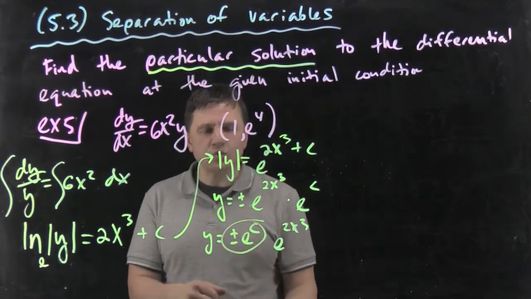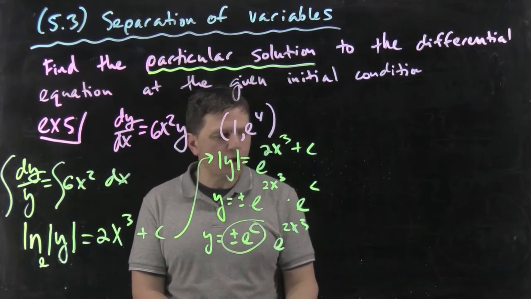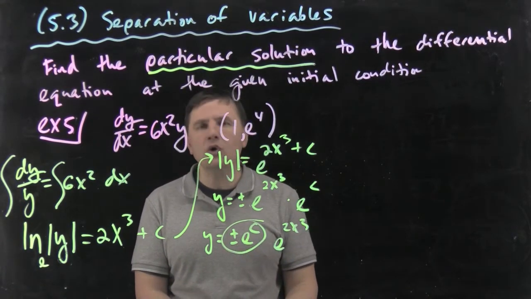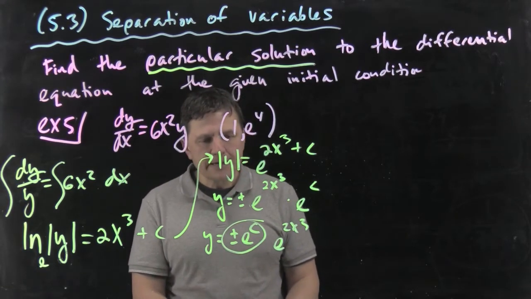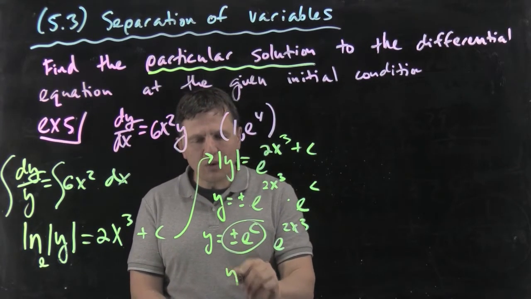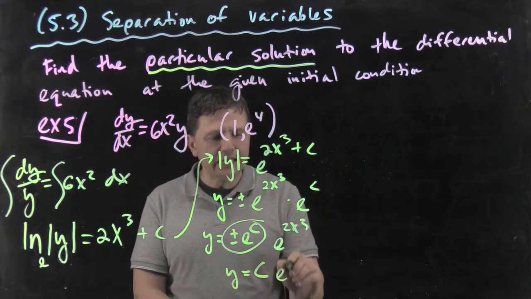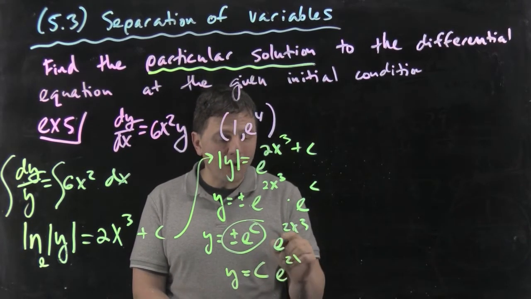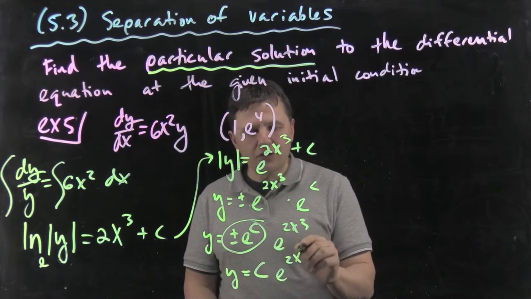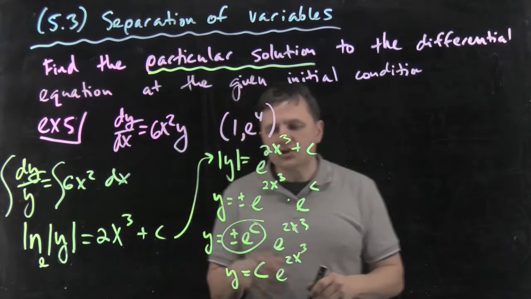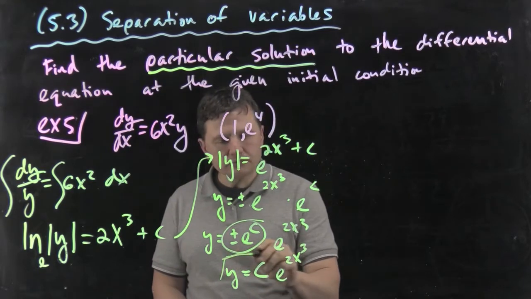This is once again an arbitrary constant. The only thing it can't represent is 0, and if this is 0, the whole thing blows up anyways. So we're just going to rename this: y is equal to c e to the 2x to the third. All right, so this is our general solution here.